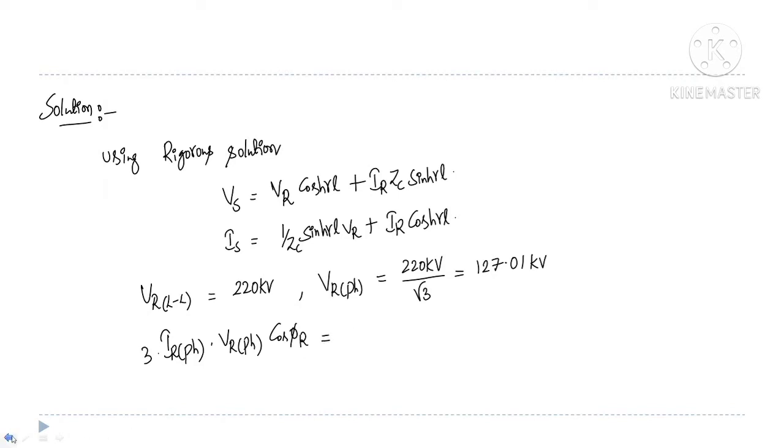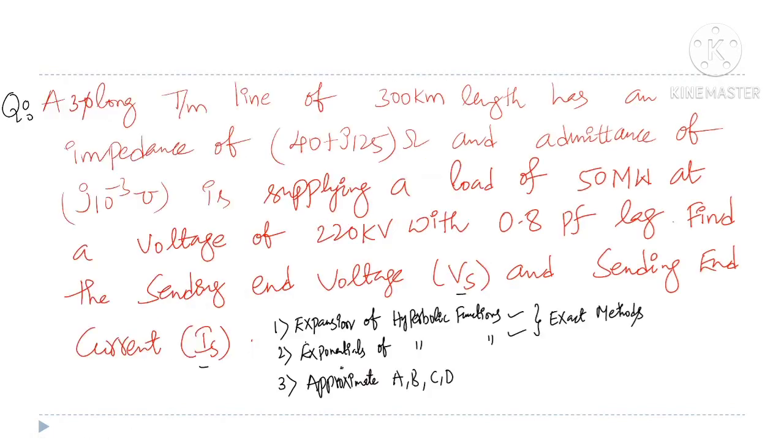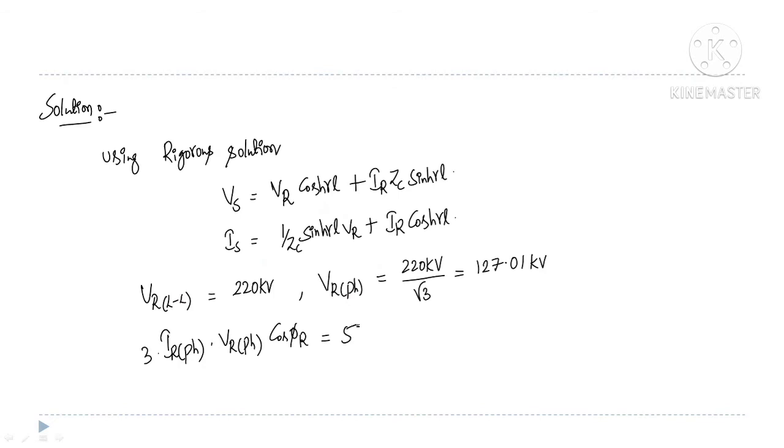It is given in the problem as 50 megawatts. So 50 megawatts means 50 into 10 power 6 watts. From this, I can get Ir phase, but in the problem the receiving end power factor cos phi r is given.